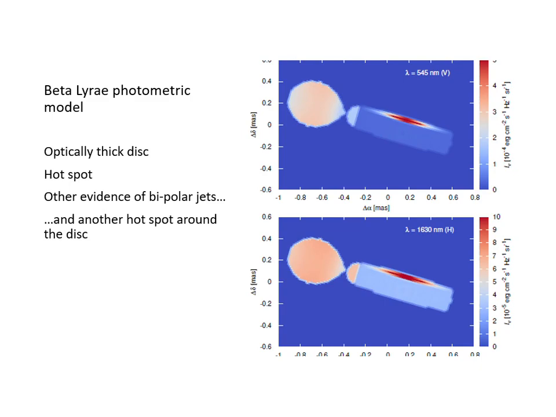It is a very complex system. It has a spot between the disk and the original primary. This is now the more massive component. There's evidence of jets, a bipolar jet, and there's also evidence of another spot somewhere around the disk. So it's a complex system.